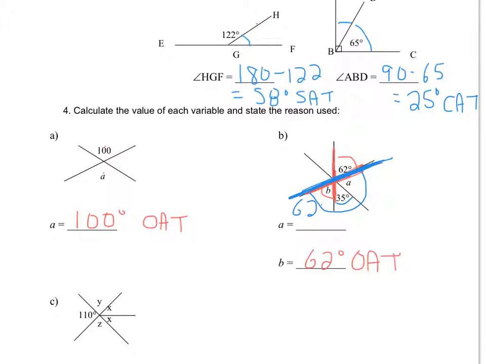This angle in here is 35. So to find angle A, I take 180 degrees and subtract the other angles along that line. And I get 83 degrees is angle A, and the reason is supplementary angle theorem.